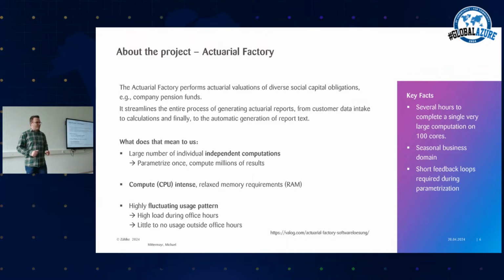And if we break it down for us, what does that mean? As I said, we have a large number of individual independent computations. So you do something in a web UI first, and later on compute those numbers. And it's very CPU intense. So we don't need much memory, RAM. A bunch of gigabytes is sufficient, but plenty of CPU.